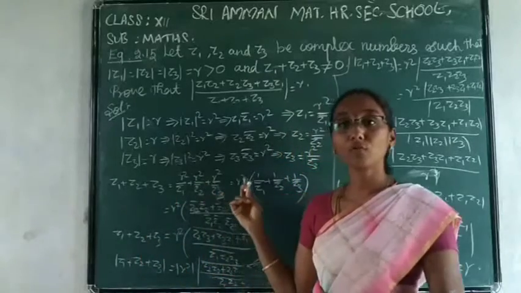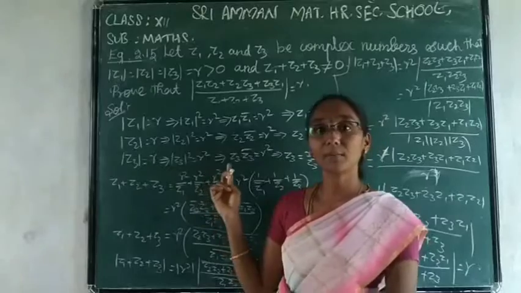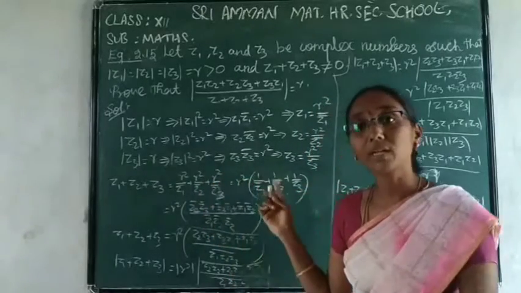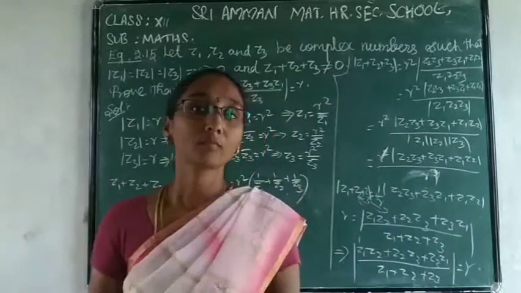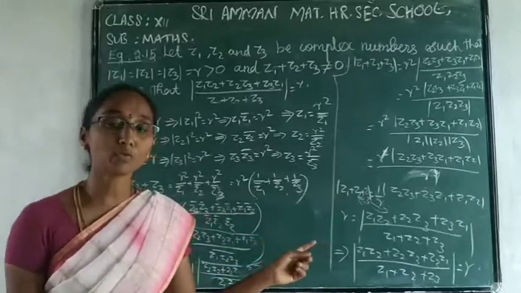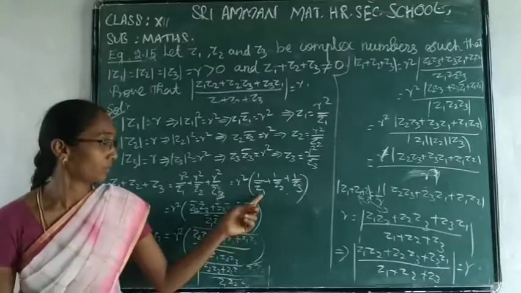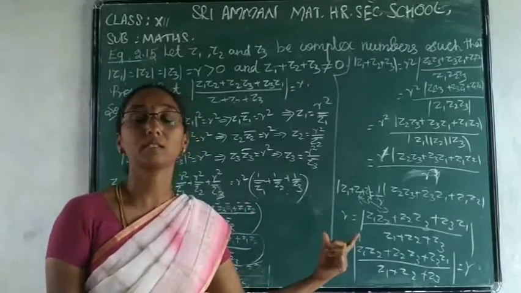What is the value of Z1? R square divided by Z1 bar, R square divided by Z2 bar, R square divided by Z3 bar. Taking R square as the common factor: 1 by Z1 bar plus 1 by Z2 bar plus 1 by Z3 bar. Now taking the LCM for this expression.